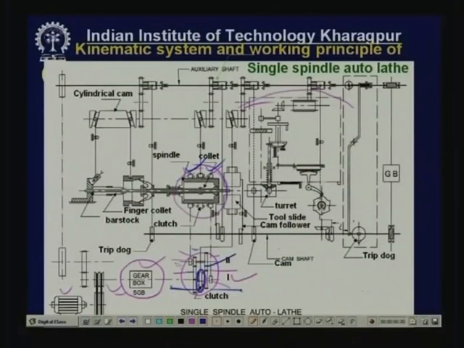But the spindle will not rotate until the clutch is moved leftward or rightward. When this clutch is moved leftward, you get high speed, because the speed is transmitted from a big gear to a small gear. So the speed of these 2 gears will be high, and the speed of the spindle will be high. When this clutch is engaged with the small gear on the right hand side, because of the smaller reduction, the speed of the spindle as well as these sprockets will be low.